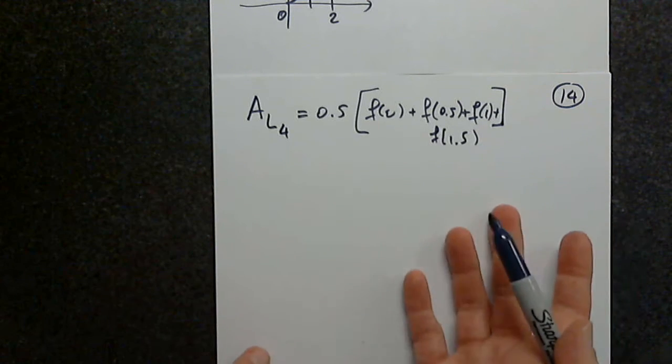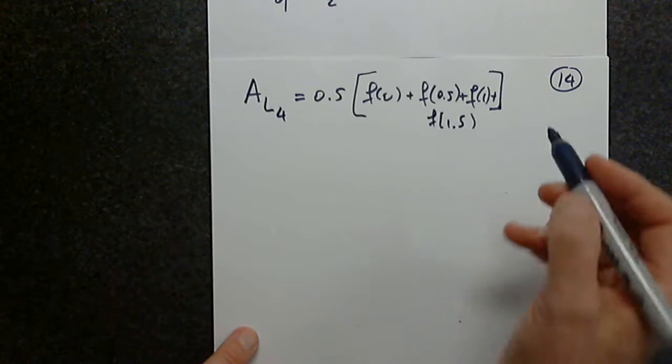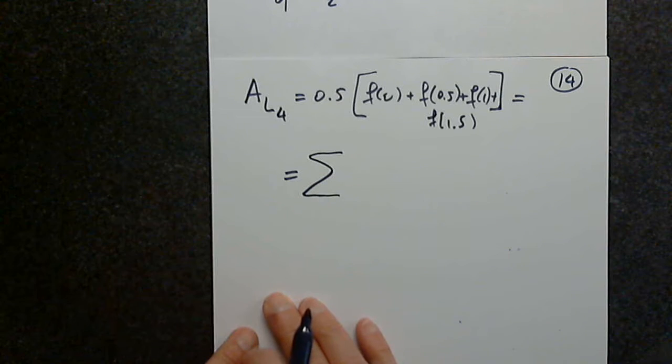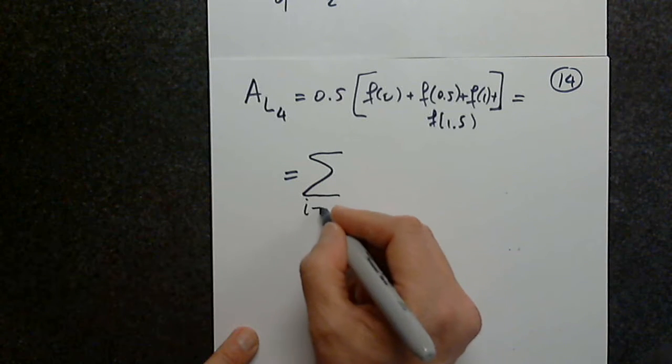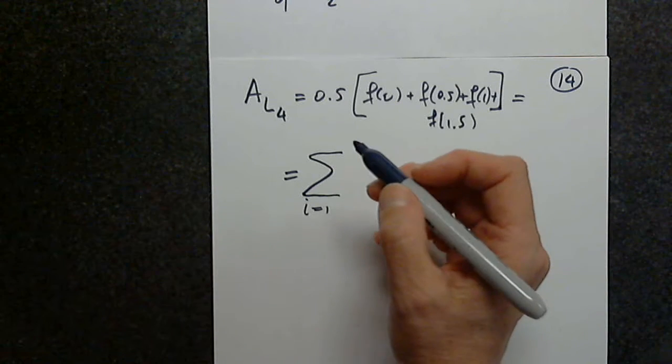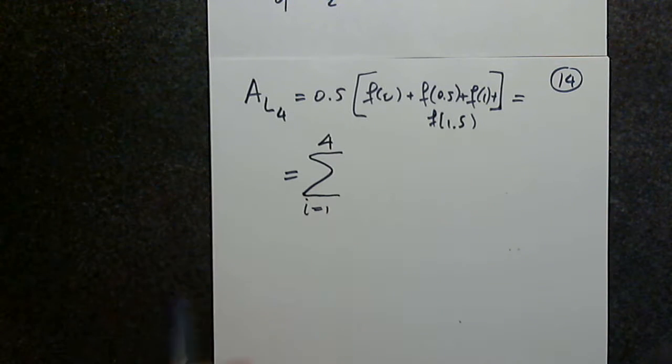Is there a way of writing this in a different way? Yes. The sum from i equals 1 to how many subintervals? Exactly 4.